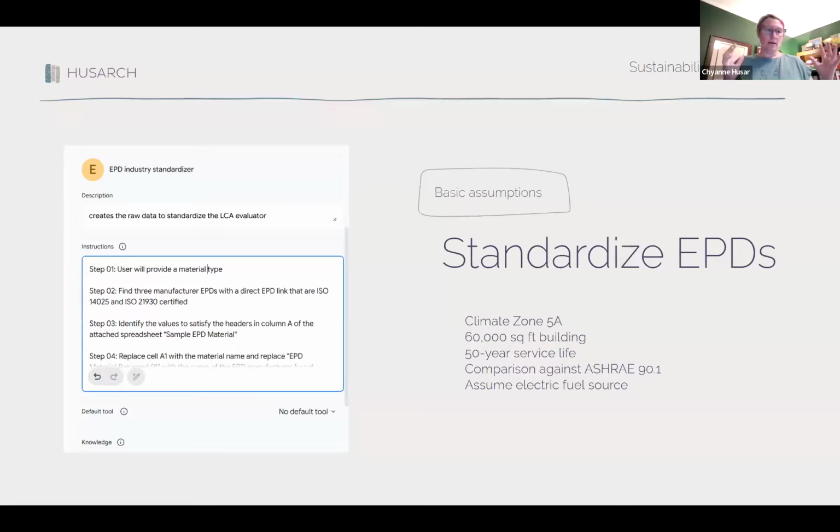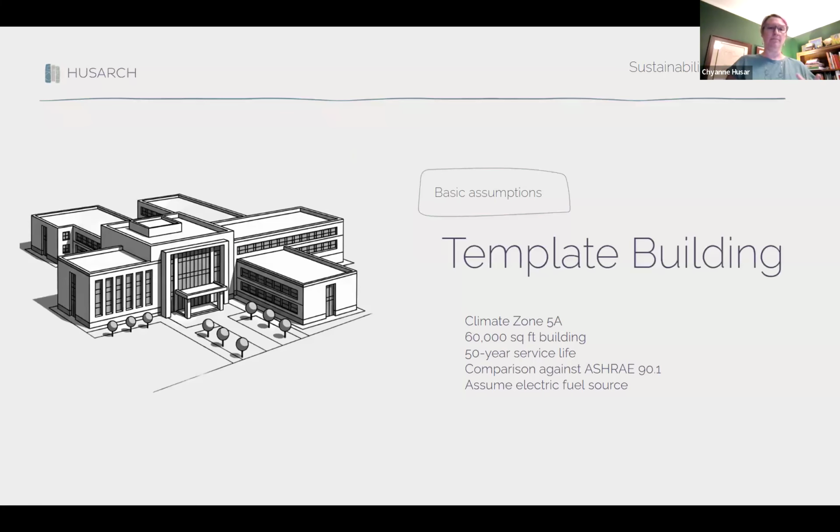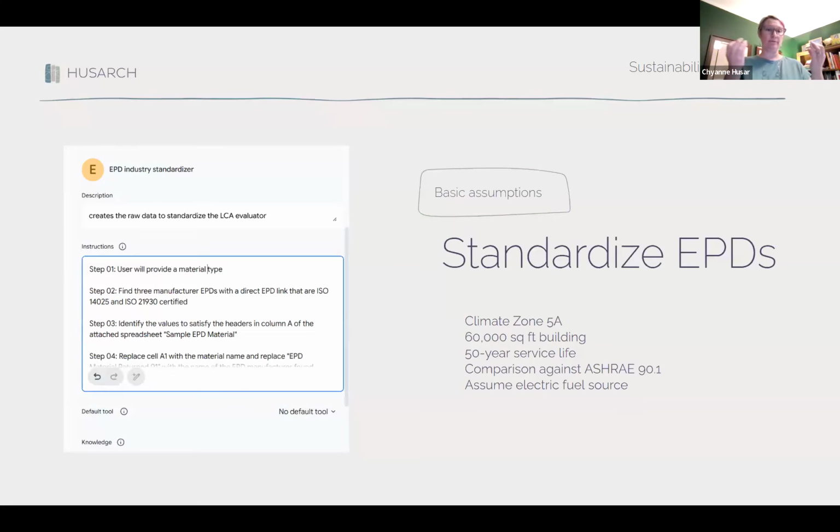So with that, I ended up having to build two models. I first started with a model where I said, create a life cycle analysis of the wall section. And every time I was running this, it was coming back with different results. So thankfully, once I got to that point, I was able to standardize the EPDs, so that I was pulling from manufacturers.